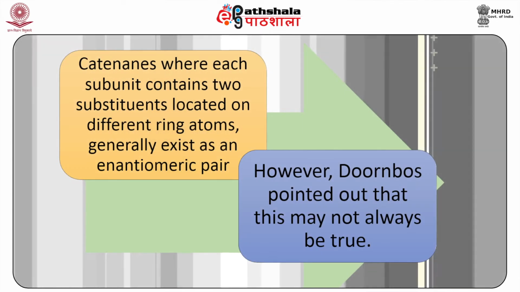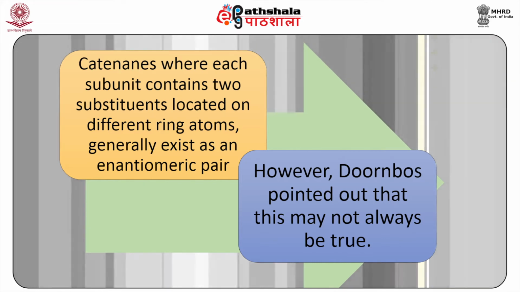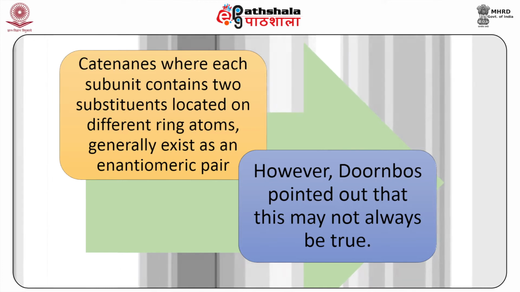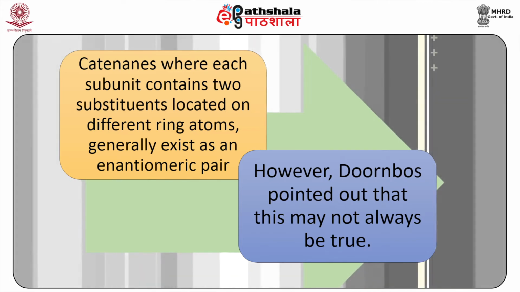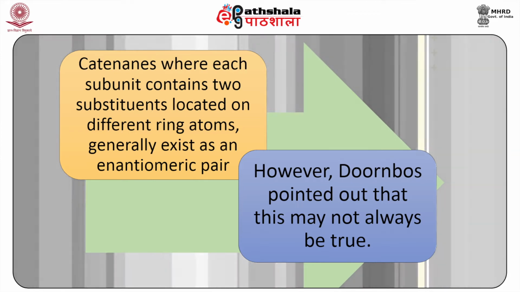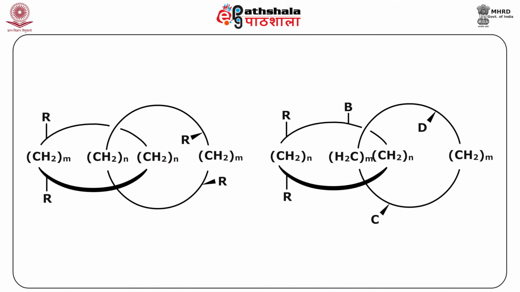The fourth is that catenanes where each subunit contains two substituents located on different ring atoms generally exist as an enantiomeric pair. However, Dornopes pointed out that this may not always be true. Now in this case, consider the catenane shown in the figure as an example.